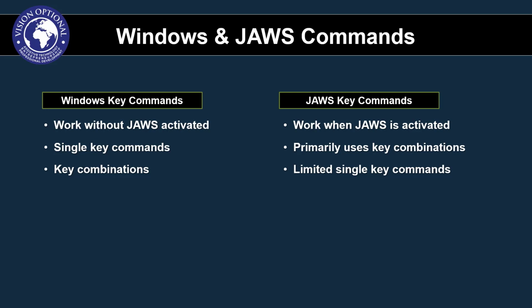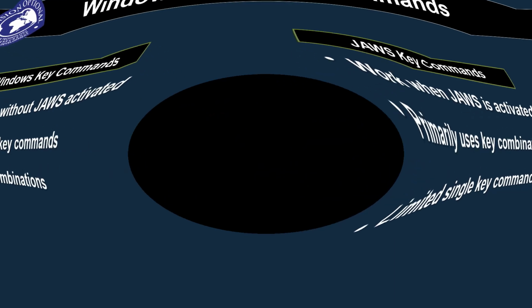I just wanted to perform the task as quickly as possible, and I was able to turn on the computer and move where I needed to go to the website and everything without getting any feedback from the screen reader. I was just using Windows key commands. So that's another benefit of understanding the differences between the two and the importance of being able to type efficiently and understand what you're doing on the computer.